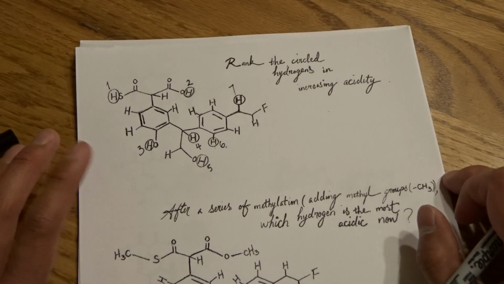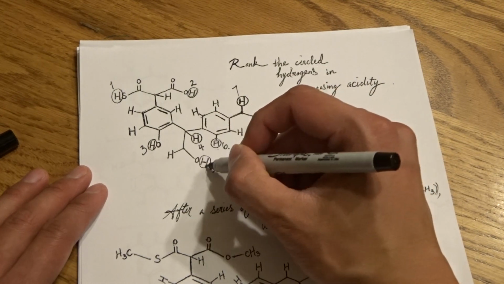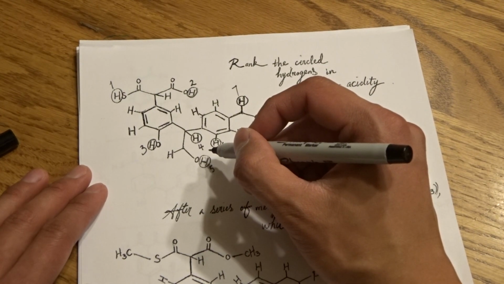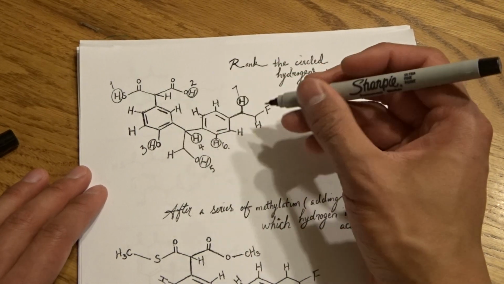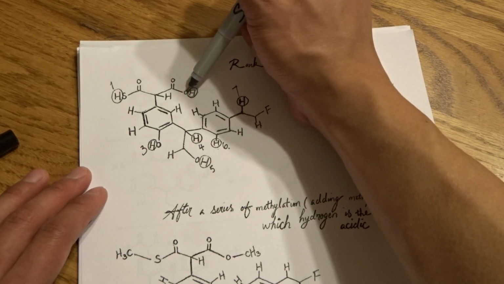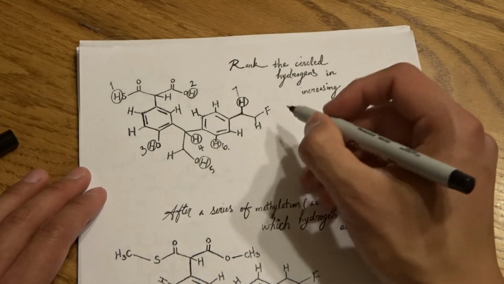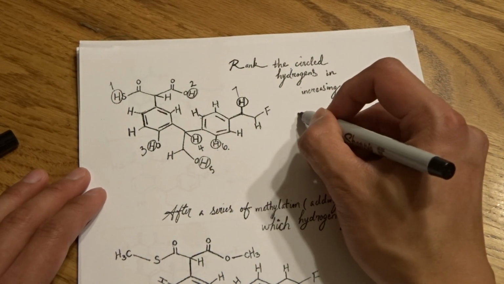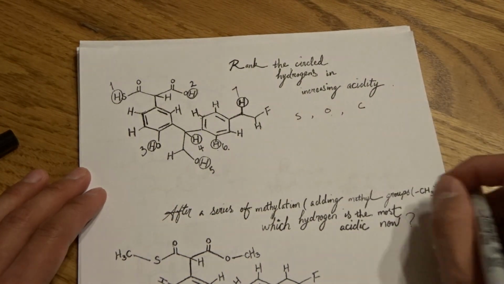So once you pull off the hydrogen, the negative charge will be on different atoms within this molecule. The atoms are going to be a sulfur atom, some oxygen atoms, and carbon atoms. So we have sulfur, oxygen, and carbon.